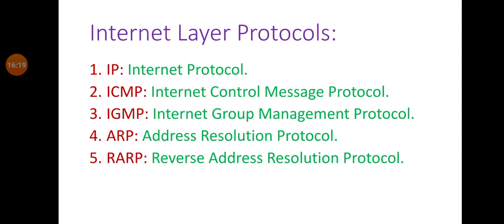ICMP is mainly used to determine whether data is reaching its destination within the given time limit or not. Then the next one is IGMP. IGMP means Internet Group Management Protocol, and this protocol is used by hosts and adjacent routers on IPv4 networks to establish multicast group membership.